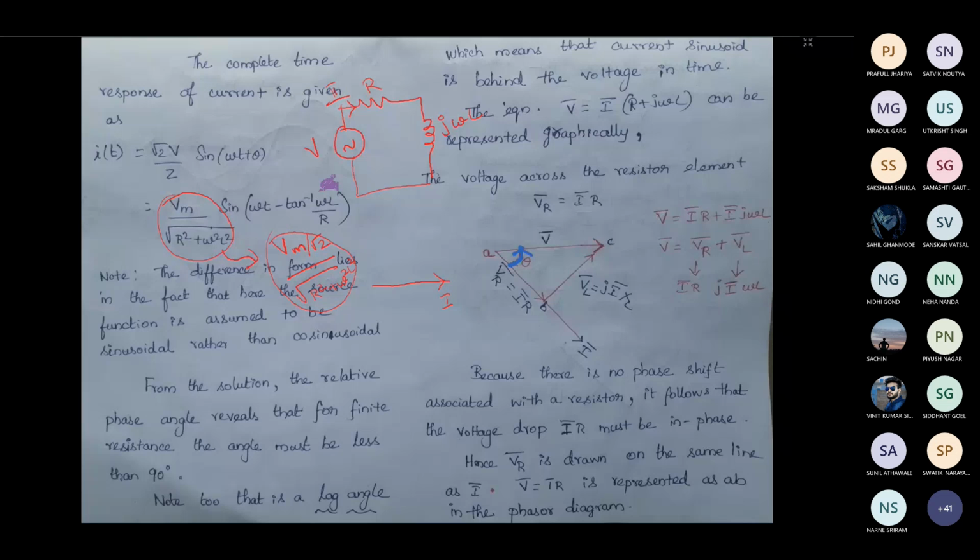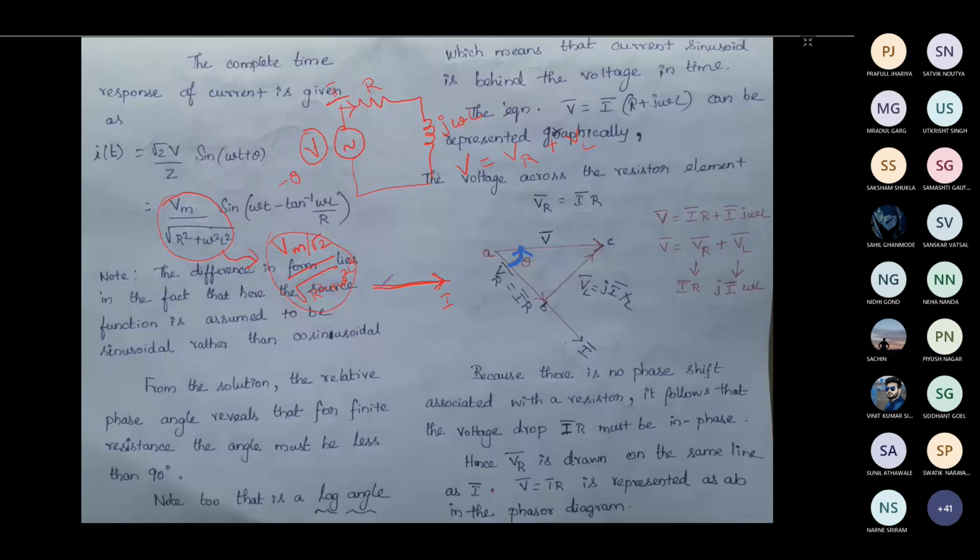Okay, so now we want to draw the phasor diagram. So we are having an overall voltage here. So you know that overall voltage is given by voltage across the resistor plus voltage across the inductor. That's what we are going to do here. So now we are taking current as reference.